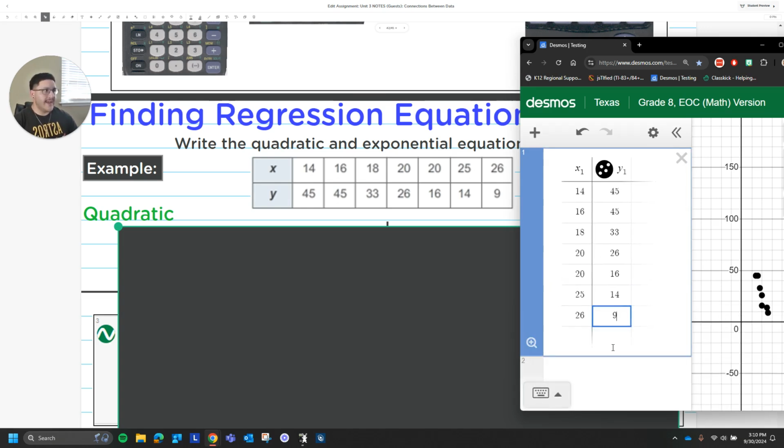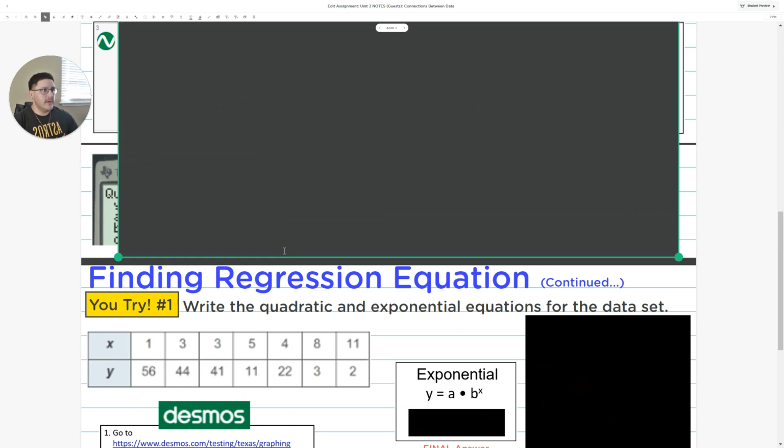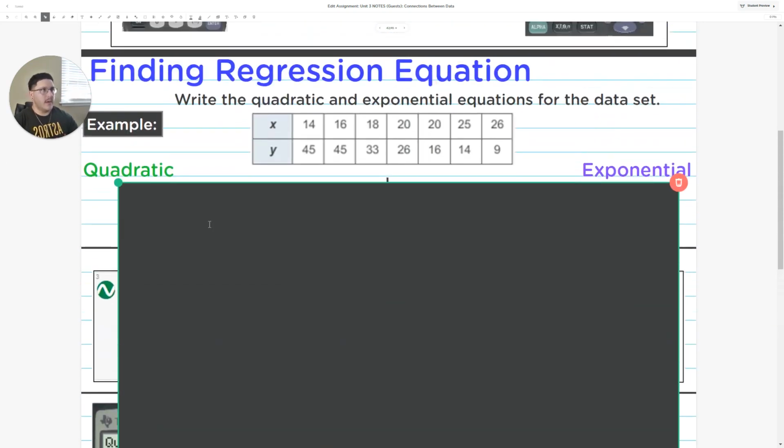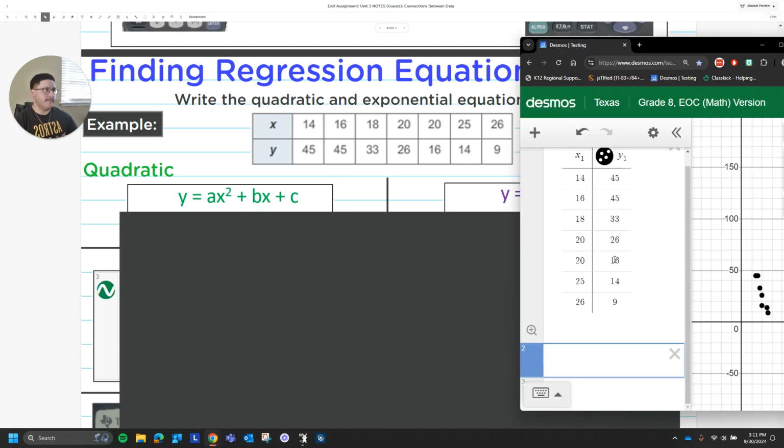All right, once everything is entered, we're then going to do one of the following. Either we start off with quadratic or exponential, it doesn't matter which. For quadratic, we need to type y equals ax squared plus bx plus c. But remember, with Desmos, you need to type it a special way.